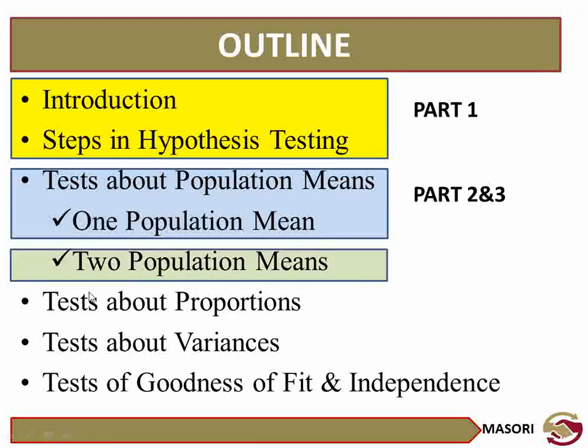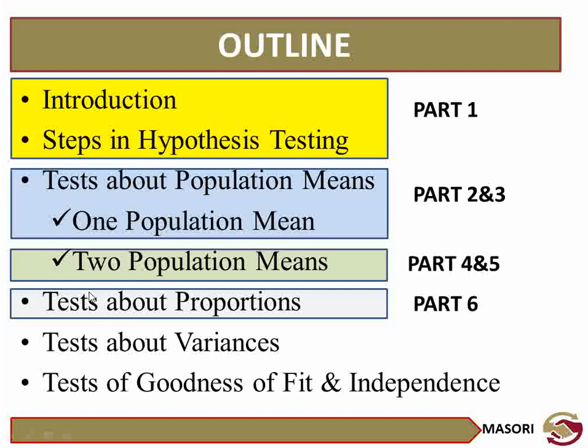In Part 4 and 5, we will look at two population means. Again, here we will describe the test and also bring in examples. In Part 6, we will look at tests about proportions. By proportions here, again, we are looking at population proportions.